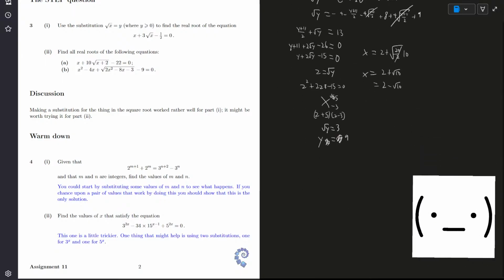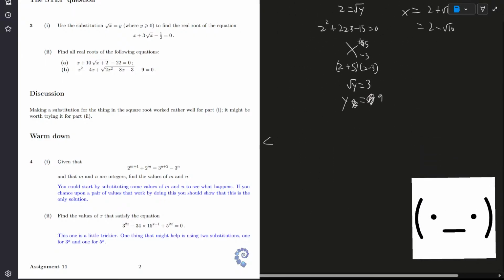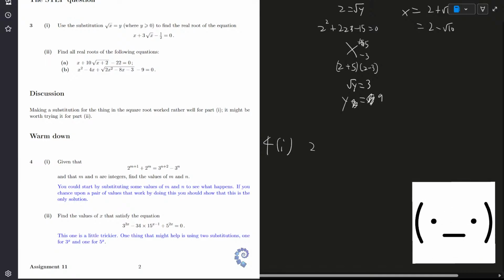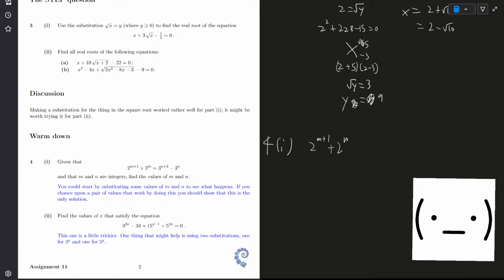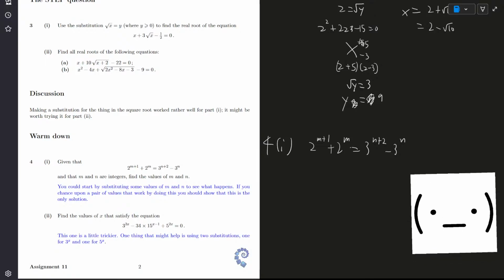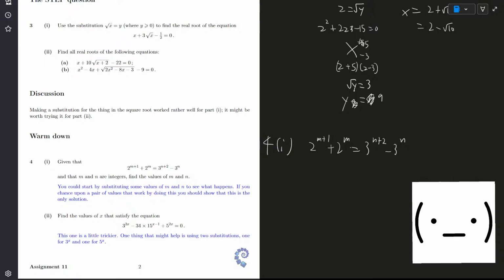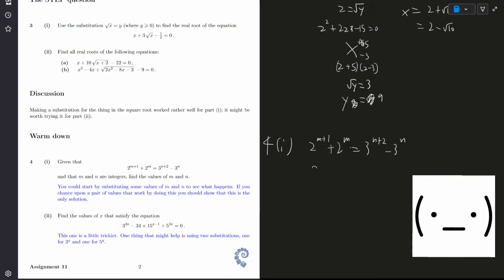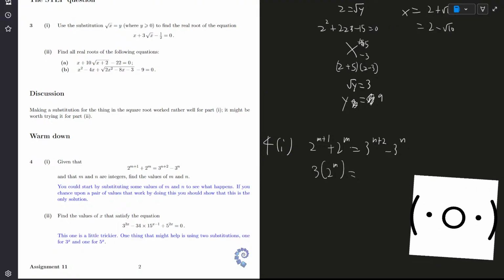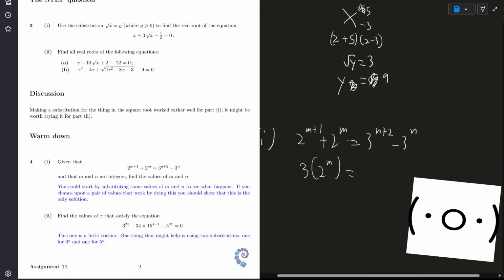Yeah, I think that's it. So now, warm down. Given this, and that they're both integers, find the values of m and n. I'm going to ignore the instructions that are telling you to do substitutions because that's stupid.